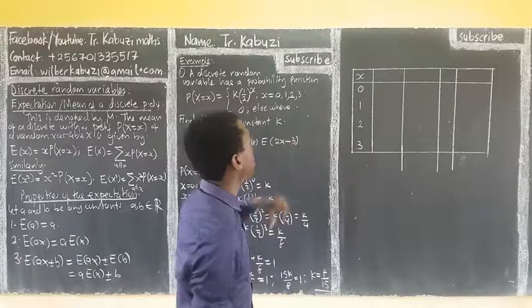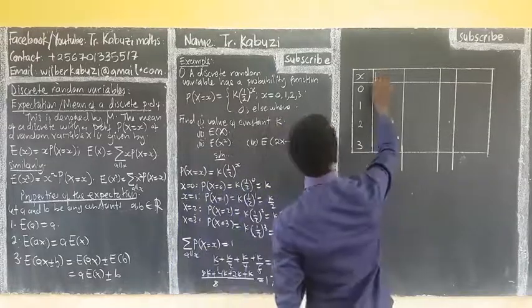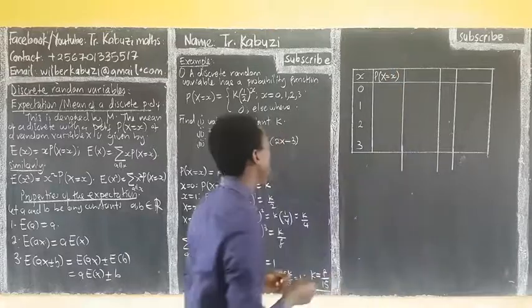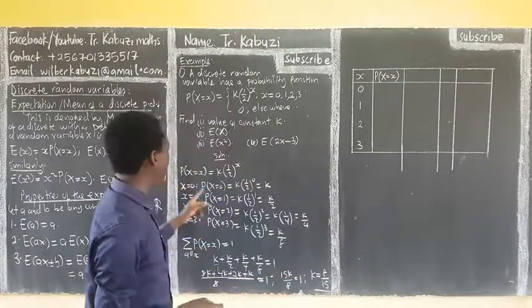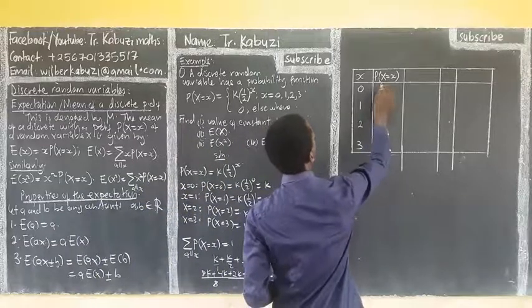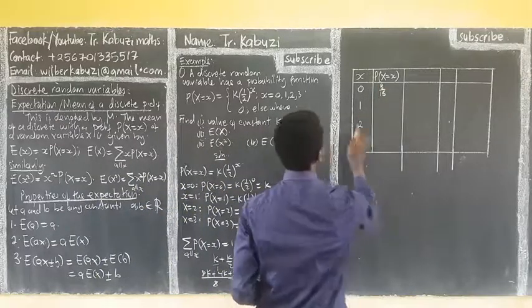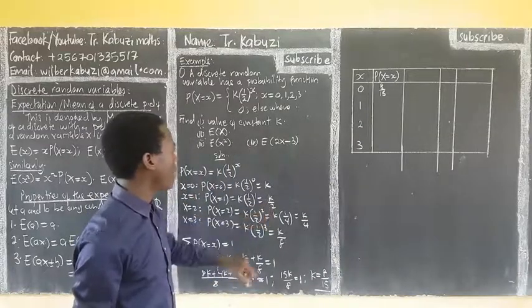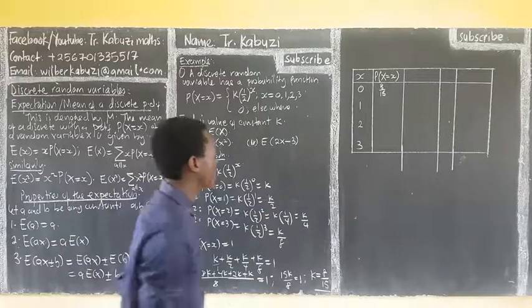Small x. Then you put after that the probability when x is equal to small x, their corresponding probabilities. When it is 0, you have seen it is 8 over 15. When x is 1, it's k over 2.